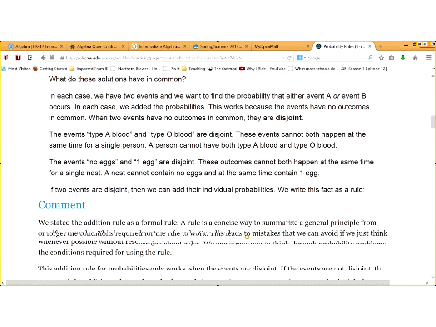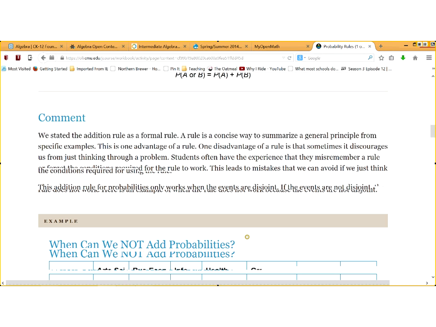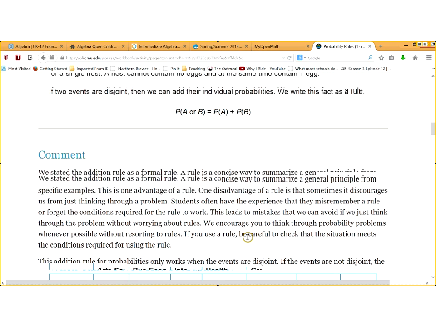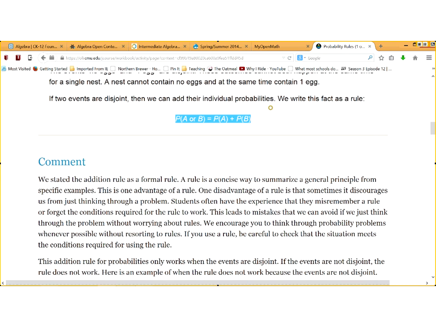We call this the addition rule: the probability of A or B equals the probability of A plus the probability of B. But the key condition is that the two events have to be what we call disjoint. That is, they can't both happen.